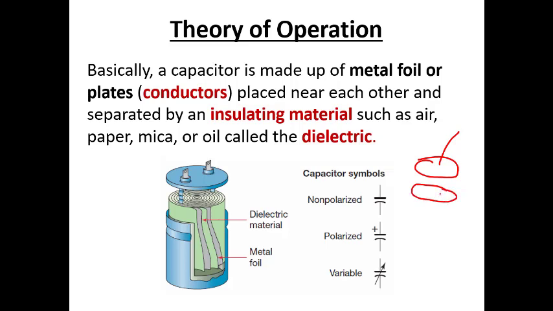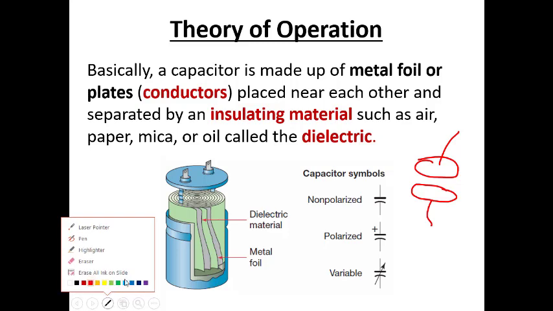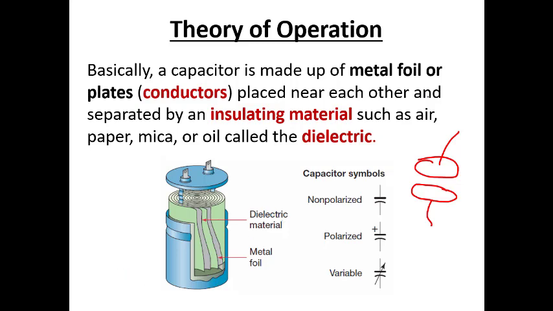Then we take another metal plate, and then we separate them a certain distance, and then in between the plates, we're going to put an insulator. So it looks kind of like a hamburger, where the buns are metal conductors, and where the meat would be is the dielectric material. So this would be the dielectric.